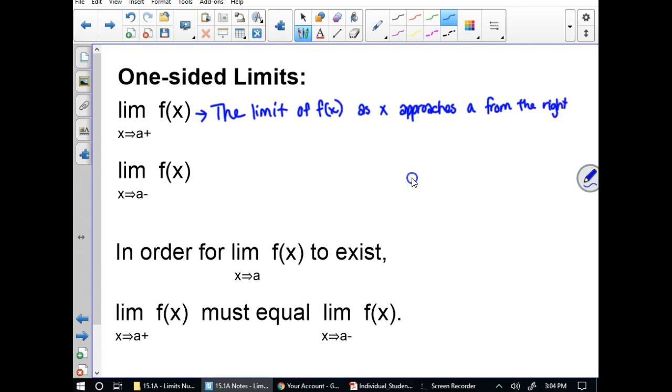Okay, so we're looking at the value of the function as x approaches A from the right side.